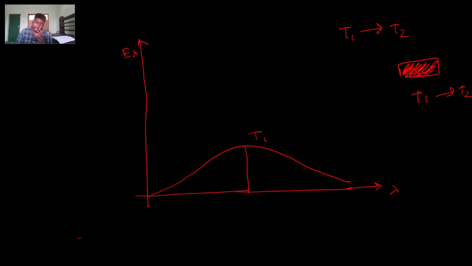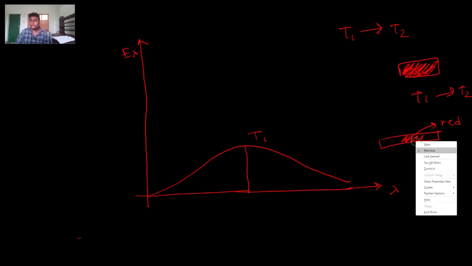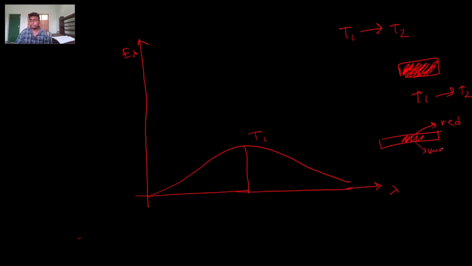If there's a red hot iron and you heat it to a very high temperature, the color goes from red to bluish white. If you have seen a rod being heated, at first it turns red, and then the color goes to bluish white, because the energy density at red was different from that at bluish white. We're not going to discuss this here, because we need only this part.